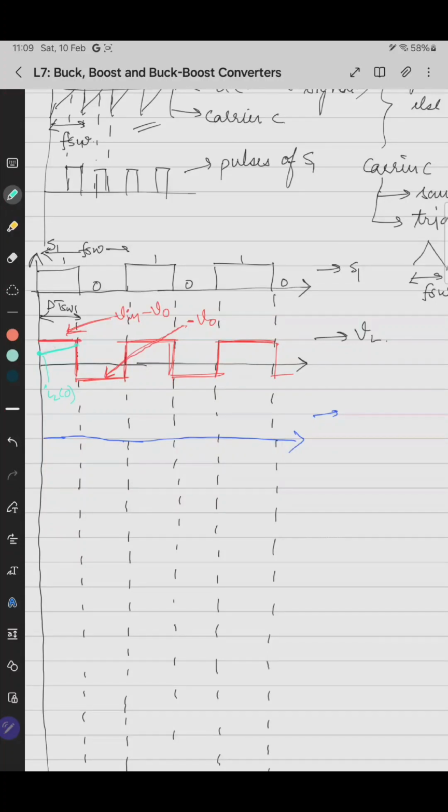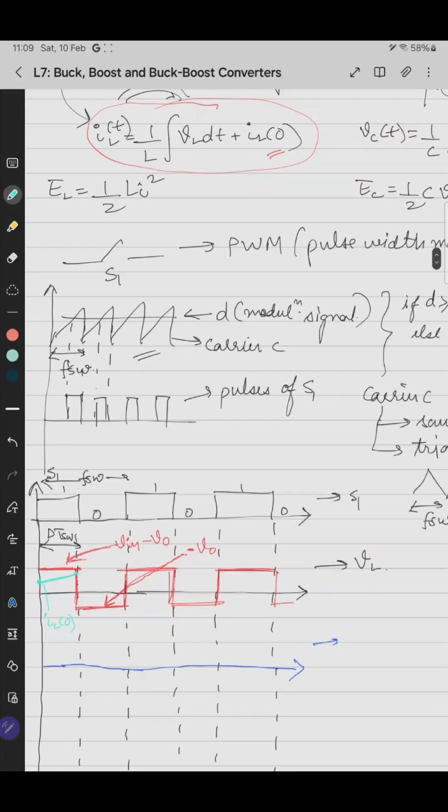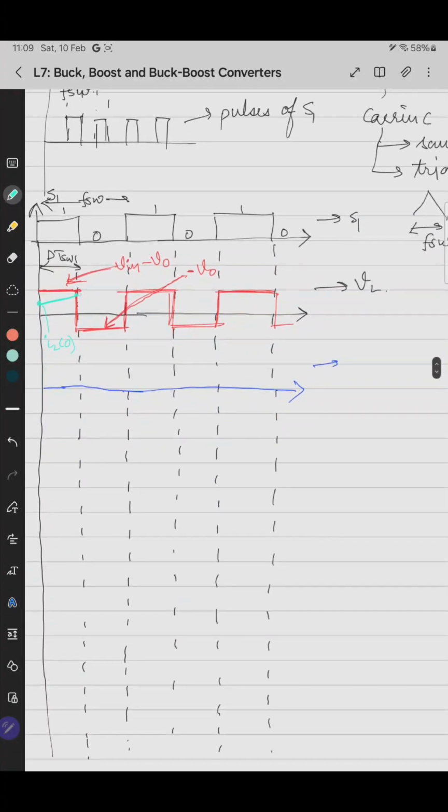Then when the voltage polarity across the inductor becomes negative, it means the voltage has reversed its polarity, so the slope will be negative because of the integration of minus V naught. As the polarity has reversed, the current falls. When the next cycle is turned on, it will rise again, then fall again, rise again, and fall again. Now we don't know these values.